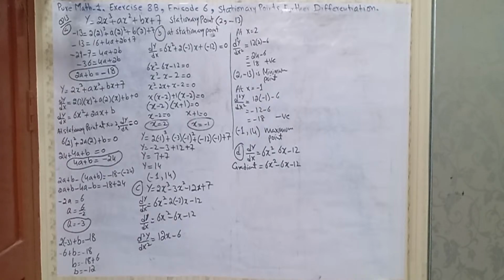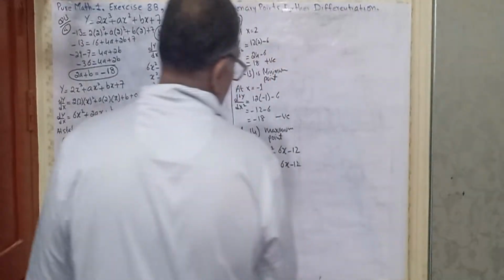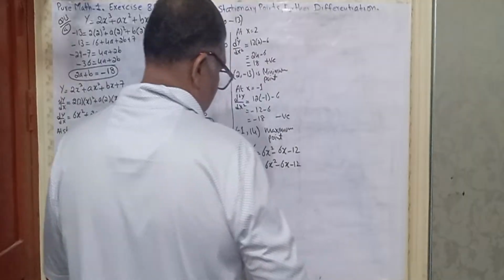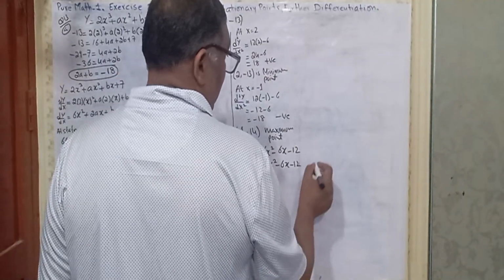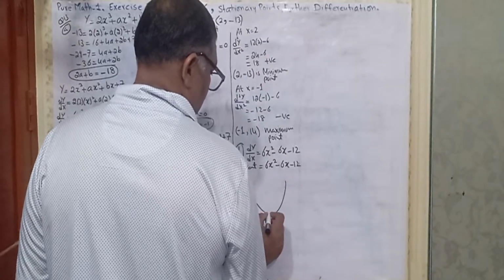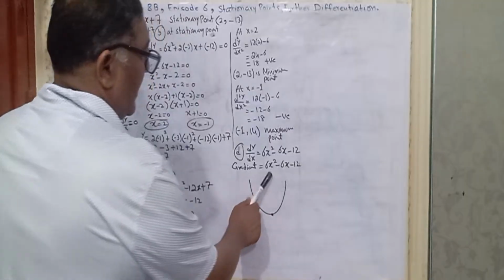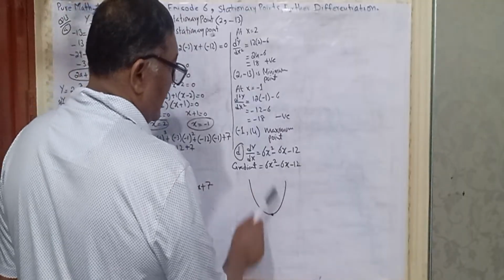Their question is, where is the gradient minimum? So for this expression, this is a happy face, and its minimum value will be here somewhere. This is the graph for the dy by dx.